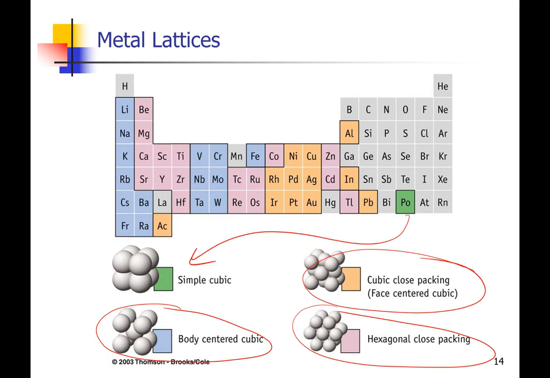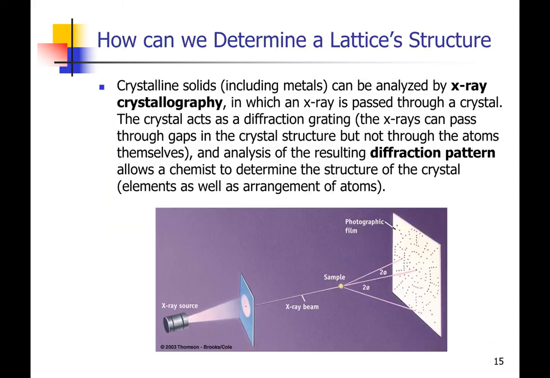So how do we know? How do we know what kind of lattice each of those metals organize itself into? And we can find that out using a technique called X-ray crystallography, which is useful for a lot more than just metals. It's useful for determining molecular structures of all sorts of different species and bonding structures of all sorts of different species.